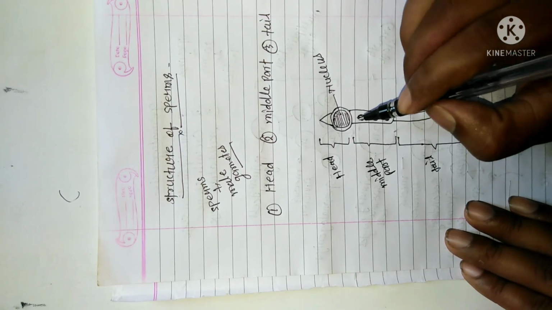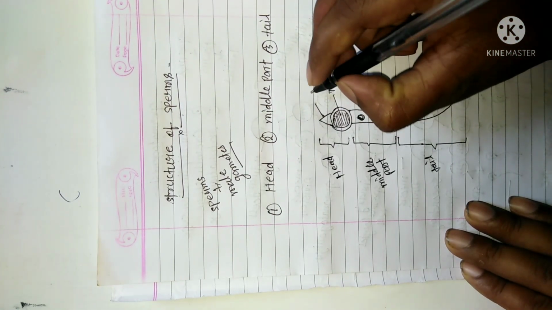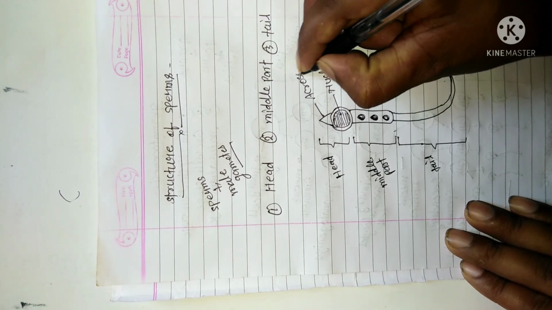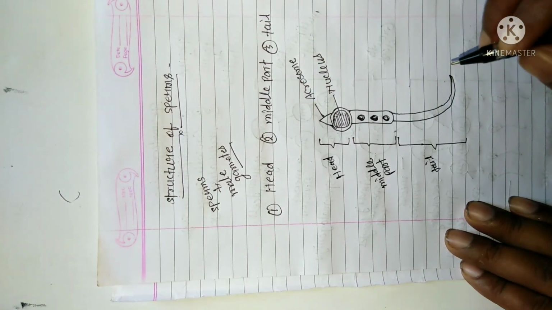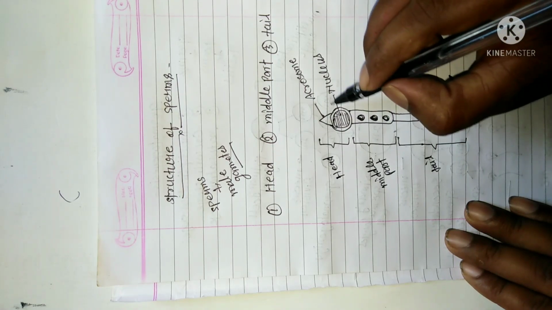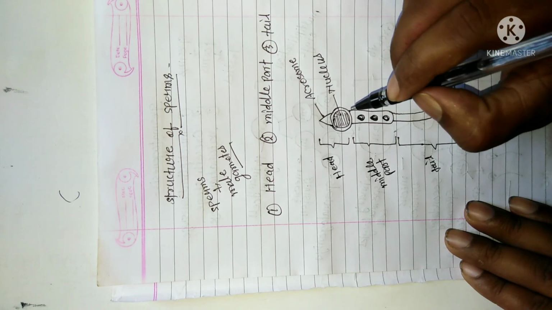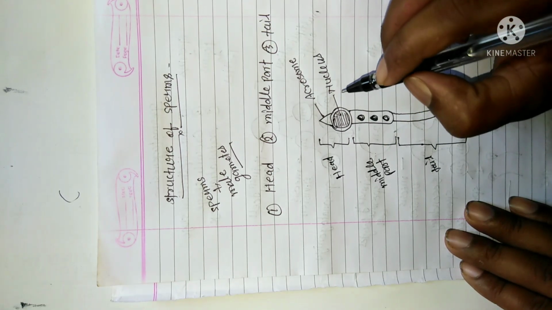Head of sperms is pointed. It's called acrosome. Acrosome is the upper pointed part of the sperms, which helps sperms to enter the ovum.